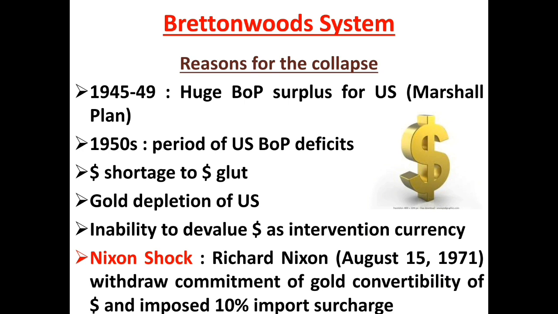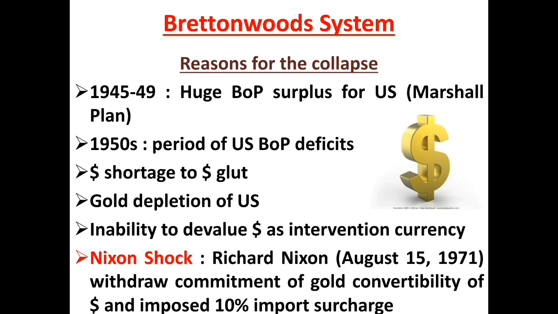The most important reason for the collapse of the Bretton Woods system was the balance of payments crisis in the United States. Initially they faced a dollar shortage, which then led to a dollar glut, and there was a gold depletion. In fact, the Central Bank of Germany had enough dollar assets to take away every bit of gold in the banks of the United States.